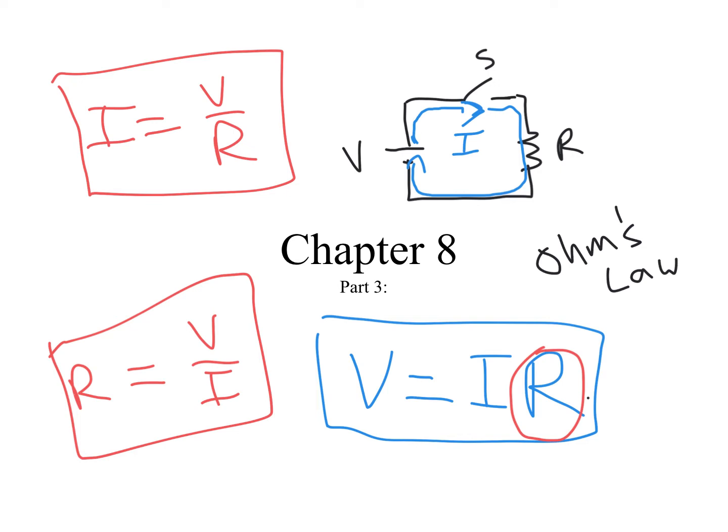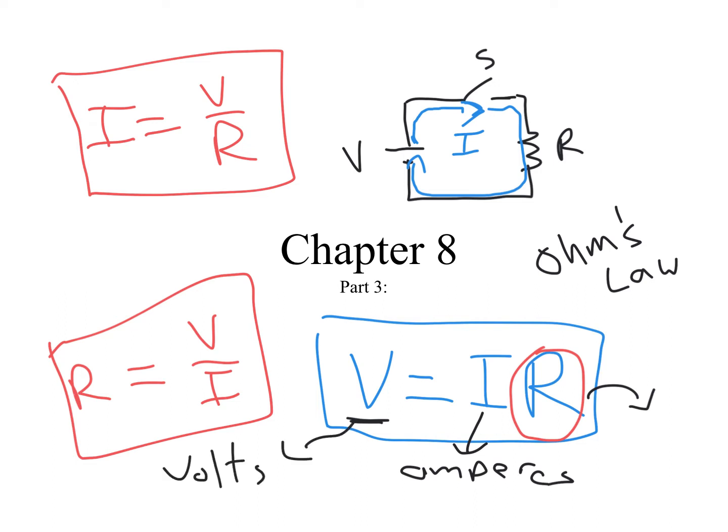And by the way, we know that the units of voltage are volts. The units of current are called amperes, or simply amps, named after a Frenchman named Ampere who studied electricity. That's the name for the unit of current. V, of course, is in volts.